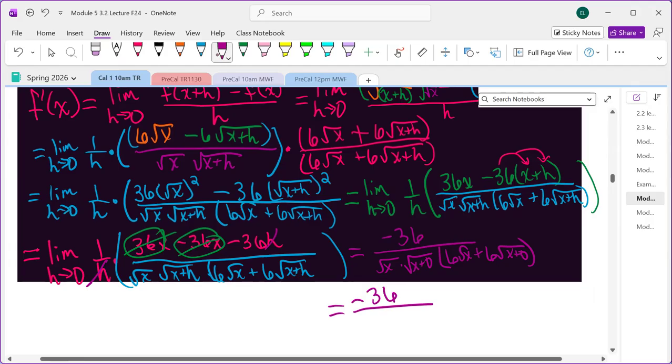So square root of x times square root of x is square root of x squared, which is just x. And 6 square roots of x plus 6 square roots of x is 12 square roots of x. And the 36 and the 12 can reduce. So we have negative 3 over x square roots of x.